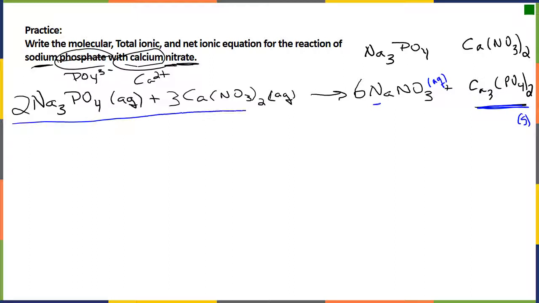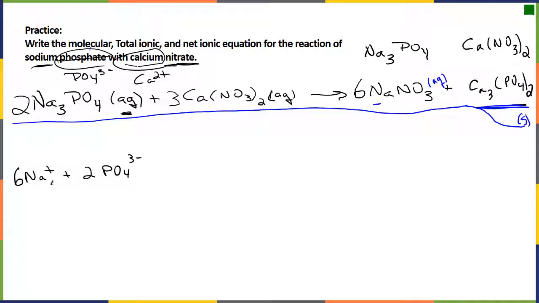Now, this reaction right here, as written, is our molecular equation. So, step 2. Step 2 is total ionic. Total ionic meaning that if it's aqueous, we're going to break it into its free ions. Our ions are going to be 6 Na pluses plus 2 phosphates. These are all aqueous. Sapling in particular likes it when you put the aqueous there.